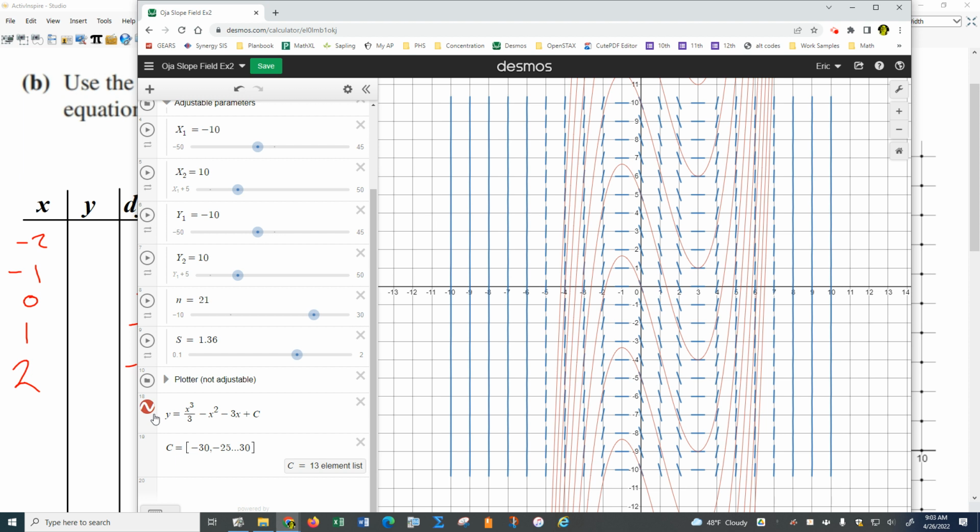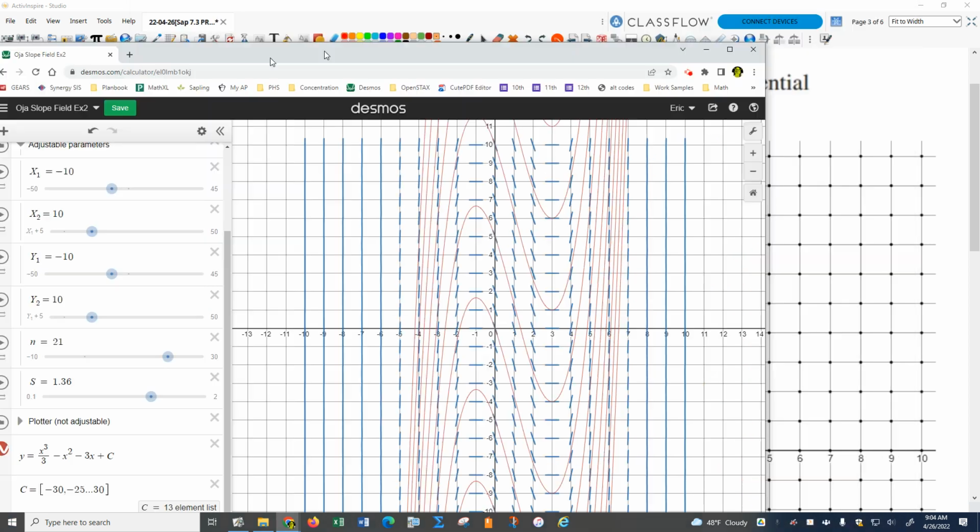Just kind of like that, right? Does that make sense? Steep, increasing over here, getting less steep, horizontal tangents at -1, getting steep in a negative direction, less steep. If we kept going on our table, we would have found that we had a 0 at 3 for our derivative, and then they ramp back up. Okay, that makes sense, doesn't it?